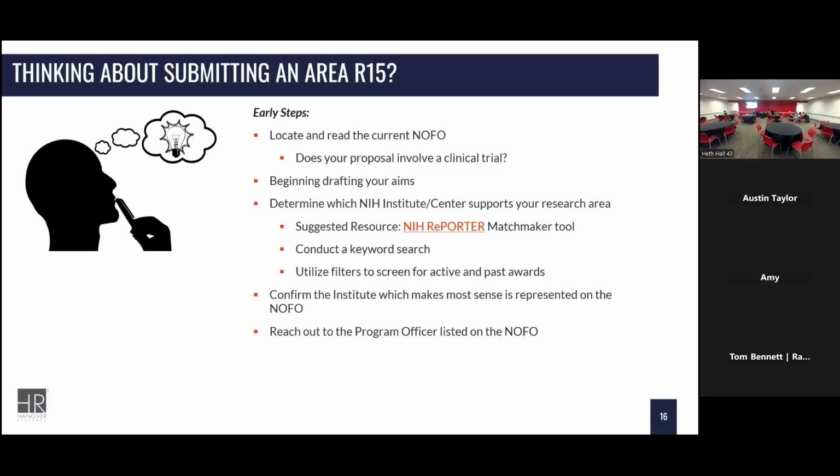Let me make sure I'm consistent, because sometimes when you introduce new or alternate language, you run the risk of people not being familiar with it. If they're not familiar with it, they may or may not have an appreciation for the context, regardless of how extensive your research strategy and your documents are. So, a number of things that you can gain from searching those prior funded awards.